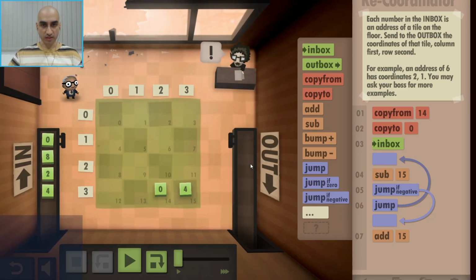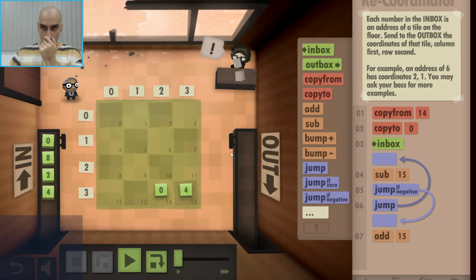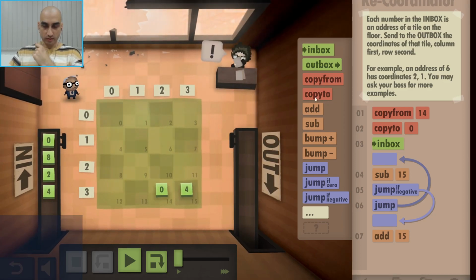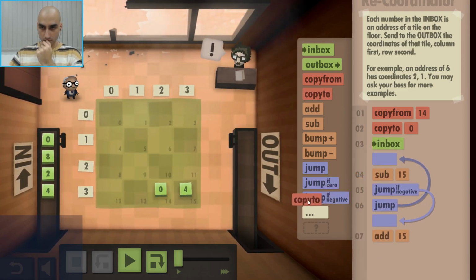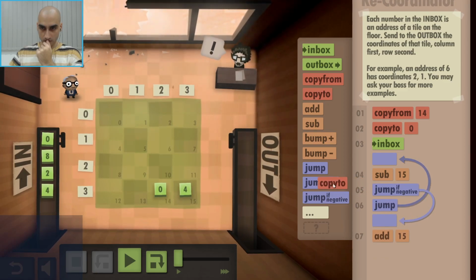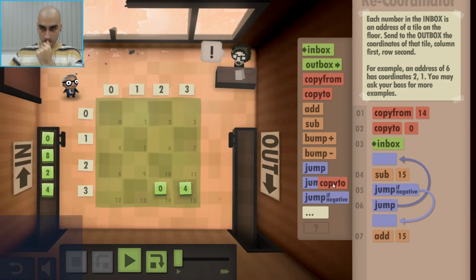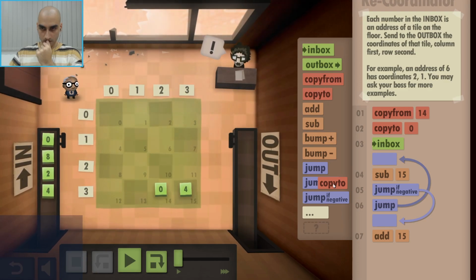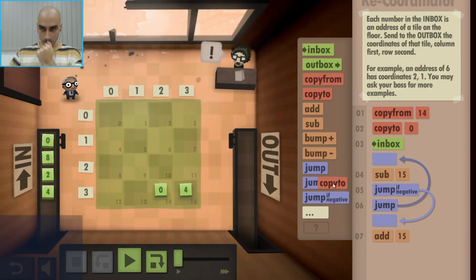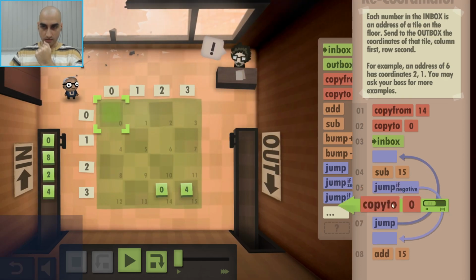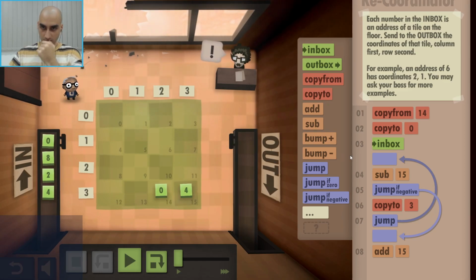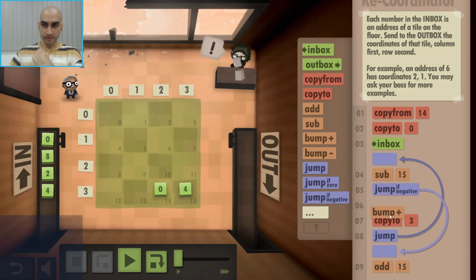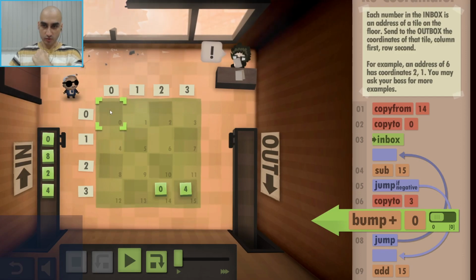I need to keep a running count here. We have to store that number somewhere. So we copy that here, we store that number here, we bump the counter, because that's counting how many 4s we're subtracting.